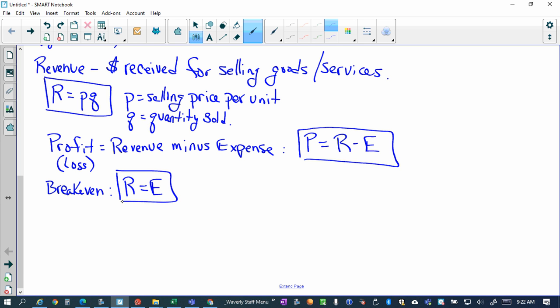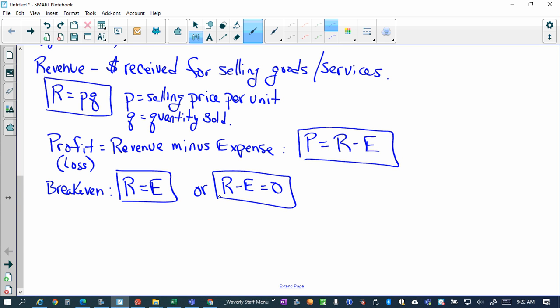Or another way to rewrite that: what if we subtracted E from both sides of this simple little equation? R minus E equals what? 0.